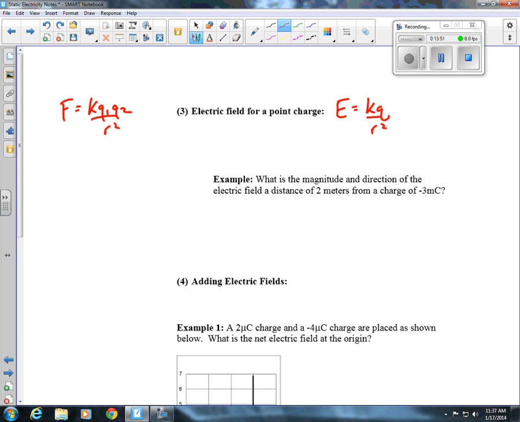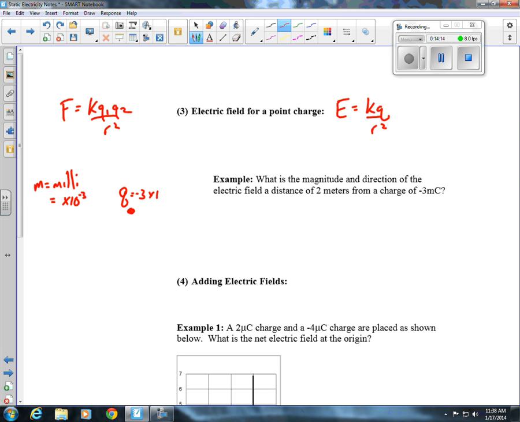Now, what is the magnitude and direction of the electric field at a distance of 2 meters from a charge of -3 mC? We've got to figure out what that stands for. So I'm going to draw a little picture. I have this charge here. Q is -3. Now, m stands for milli. It's on the front of the reference table, and that means times 10 to the -3rd.